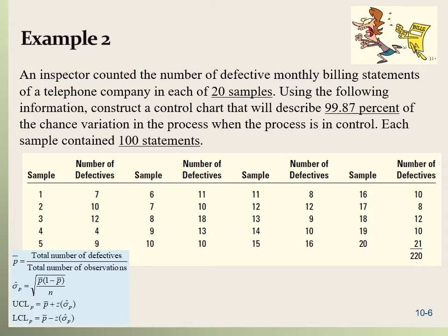As a tip, Z is not given here, so you need to use a Z distribution, a normal distribution table, or Excel, and based on your knowledge from a statistics course, compute the value of Z here. When you are done, you can come back to see the solution, how we can solve this problem.